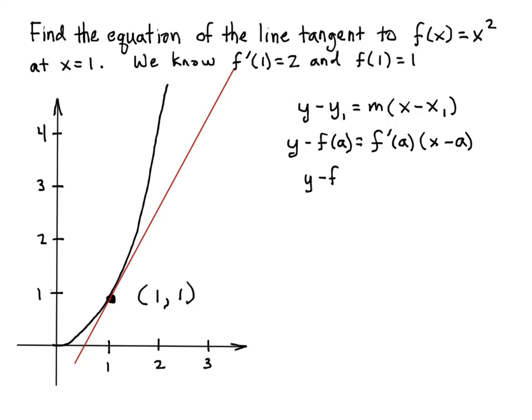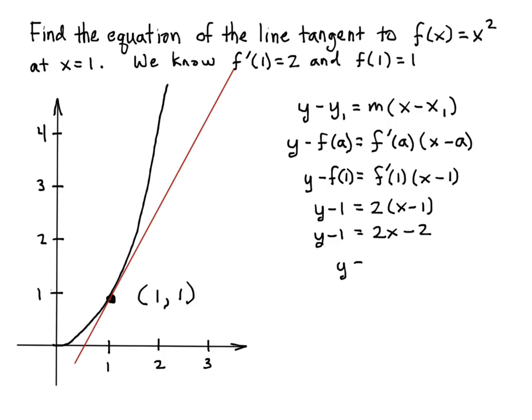And so if I substitute in my actual function that I'm interested in, x equals 1, I get this equation here, and I can then transform that into y equals 2x plus 1.